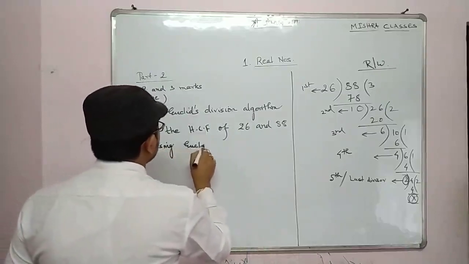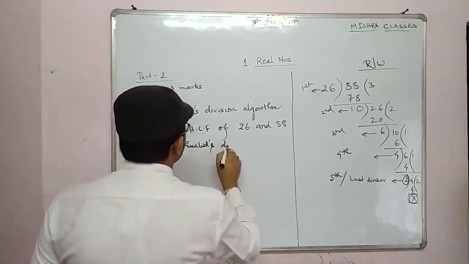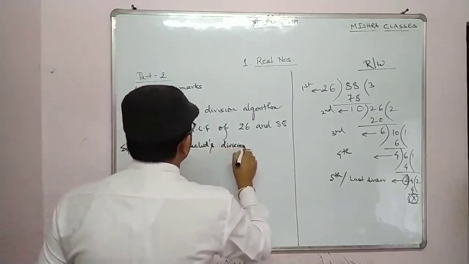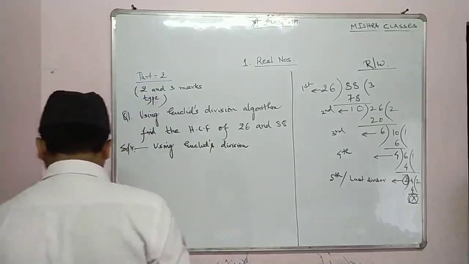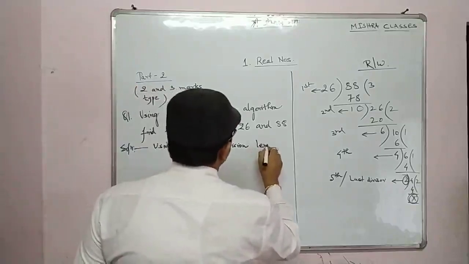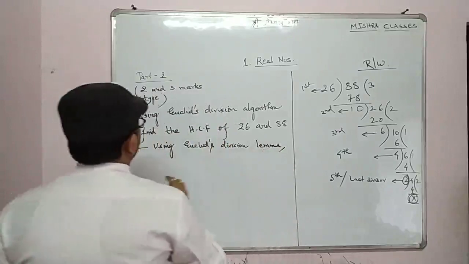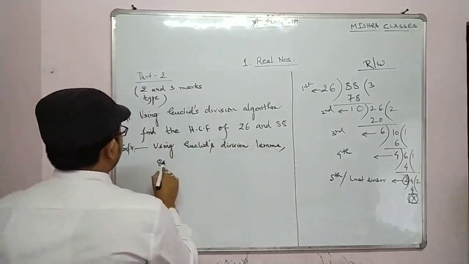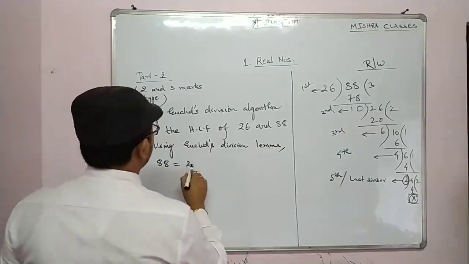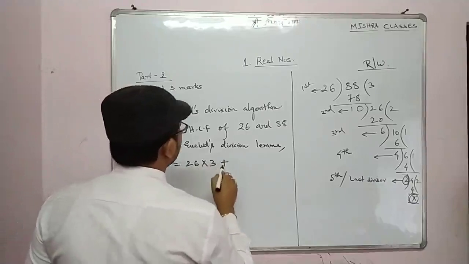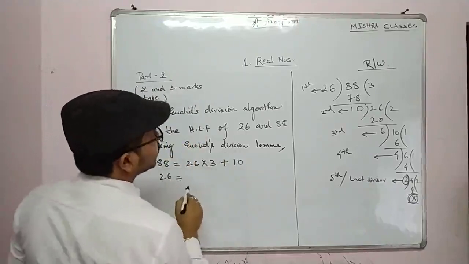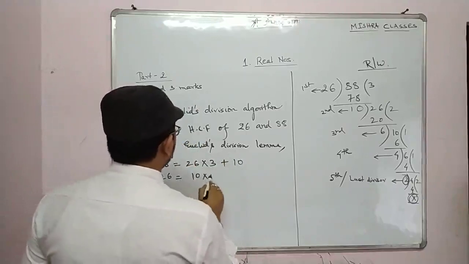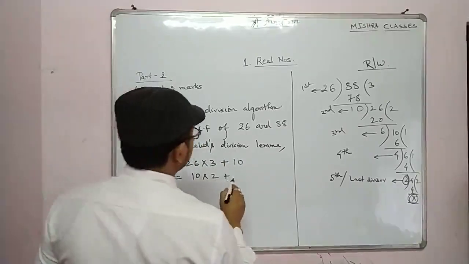Euclid's division lemma, or what we can say algorithm, same thing. We have 88 equal to 26 into 3 plus 10. Then 26 equal to 10 into 2 plus 6.